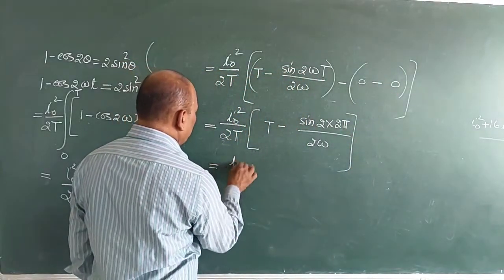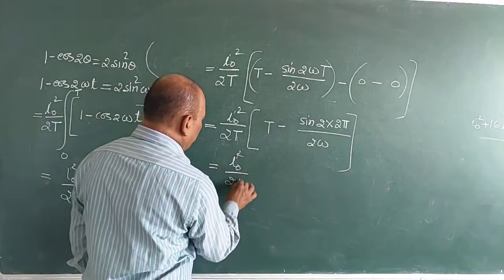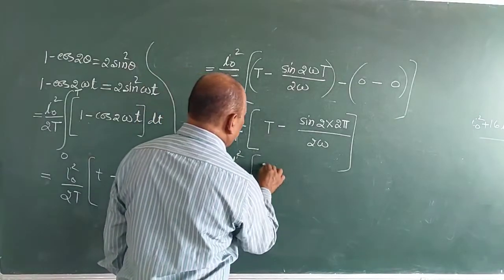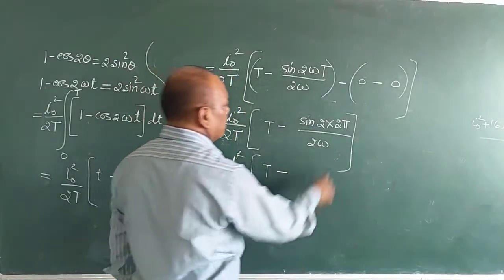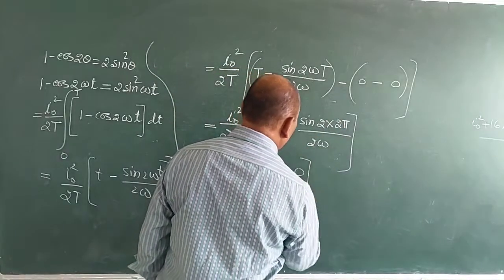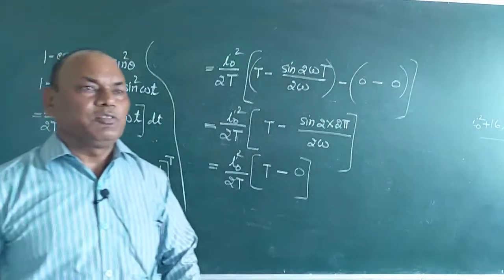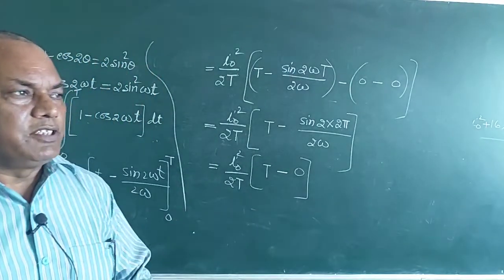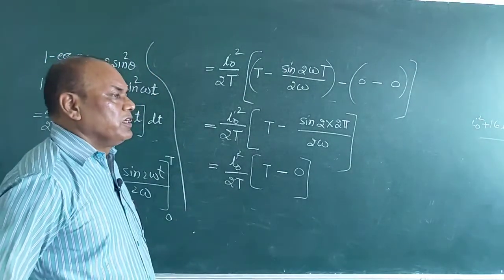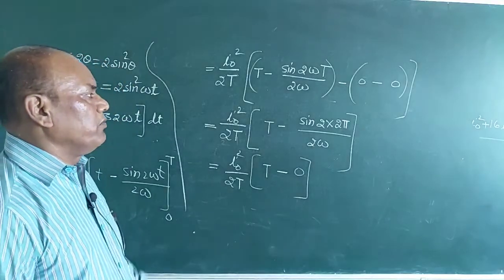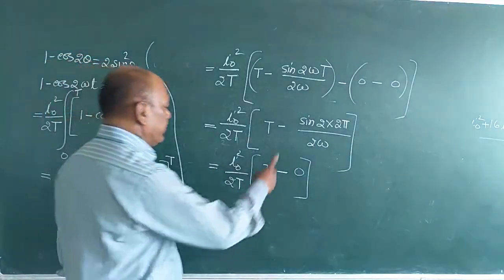So this will be I0 square upon 2t, here t minus, this becomes 0, because sin 4 pi will be 0. Sin 0 is 0, sin 2 pi is 0, sin 4 pi 0, sin 6 pi 0. This means even multiples of pi will give 0 for sin.